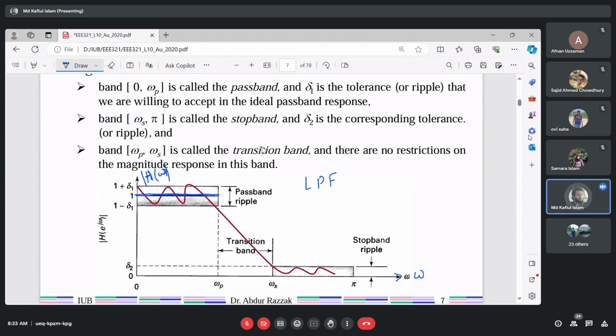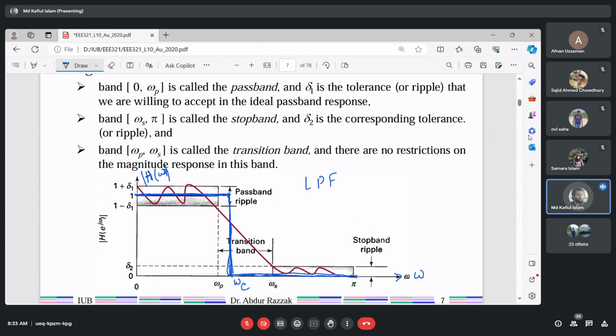We expected that our ideal filter should have been like this: in the pass band the gain is constant 1, and in the stop band the gain of the filter is 0. This is what we expected, and the transition is immediate, and we thought that would be our cutoff frequency.